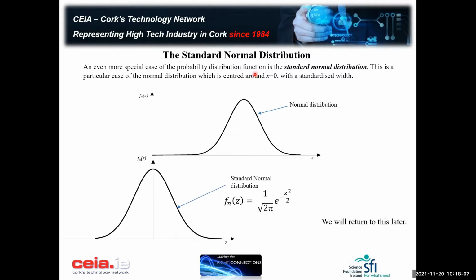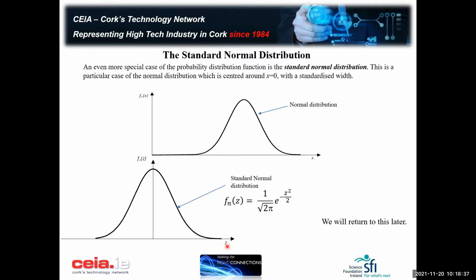Now there is another variant on the normal distribution that's called the standard normal distribution. And that's just a scaled and shifted version of a normal distribution. It's a particular case of a normal distribution. It's got a standard width and it's centered around x equals 0, or they actually change variables when they go to this standard normal.